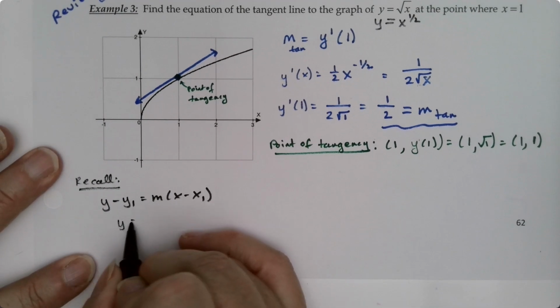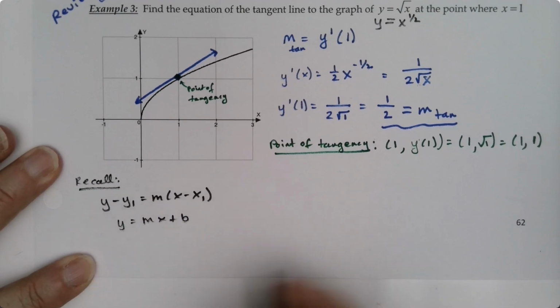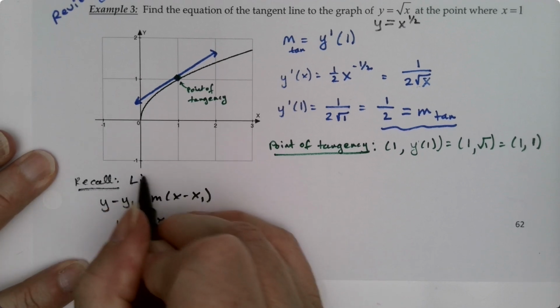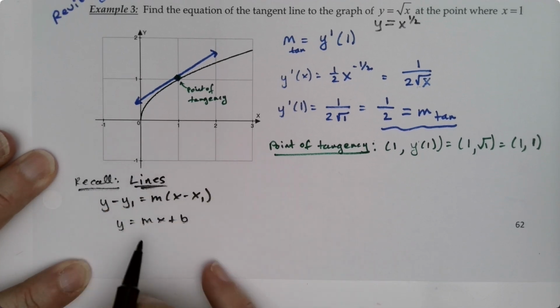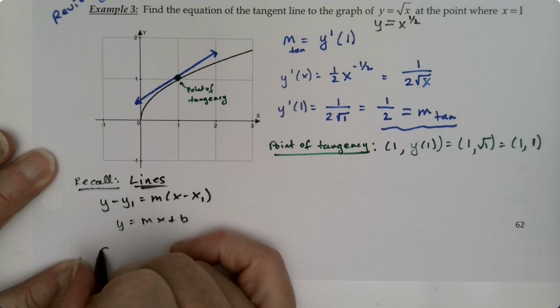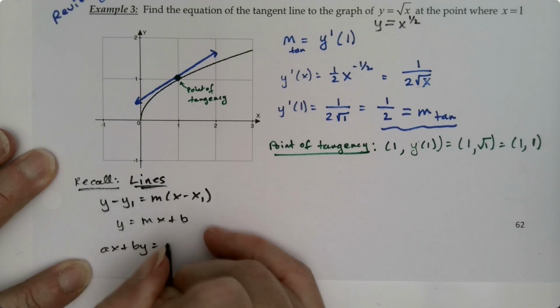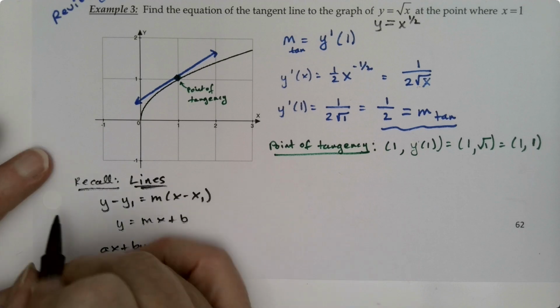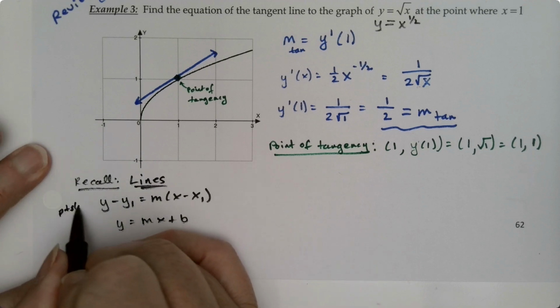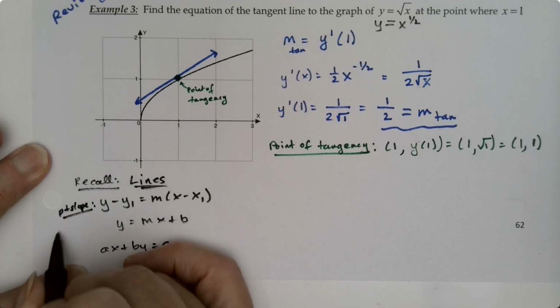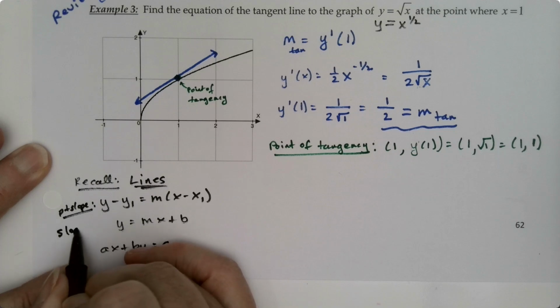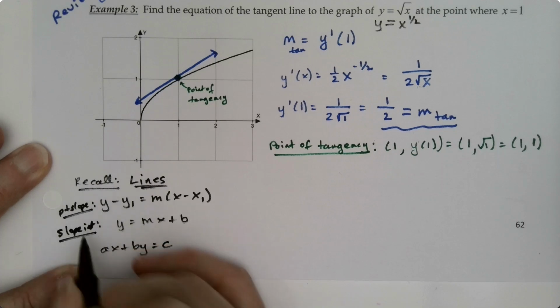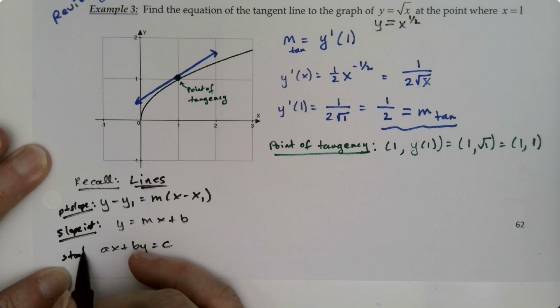There's y equals mx plus b, that's one we use probably most often in algebra class. And then there's ax plus by equals c, which is standard. So this is point slope, this one's slope-intercept, and this is standard. They all have their uses.